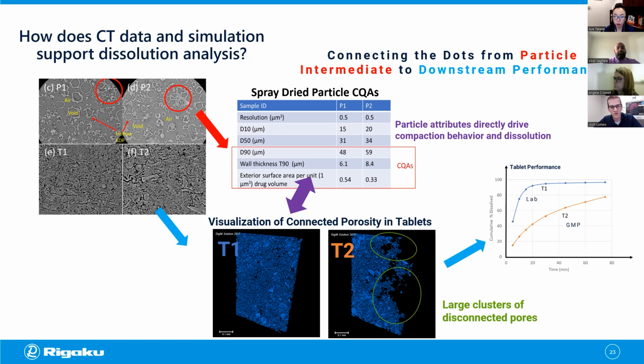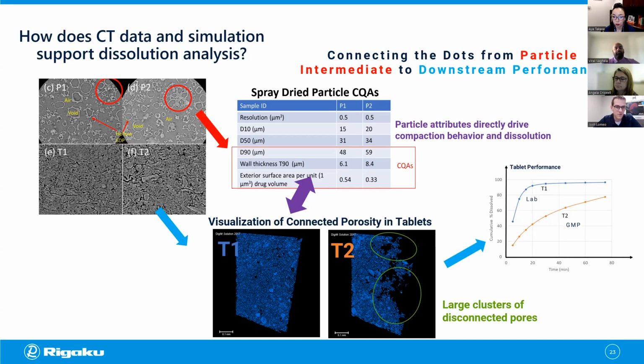So, if you recall, the lab batch has nice immediate release, whereas the GMP batch is taking quite a bit longer, over an hour to dissolve and release the drug. And so this ultimately tied back to looking at the tablets, the porosity within the tablet, as well as the particles that created that porosity.